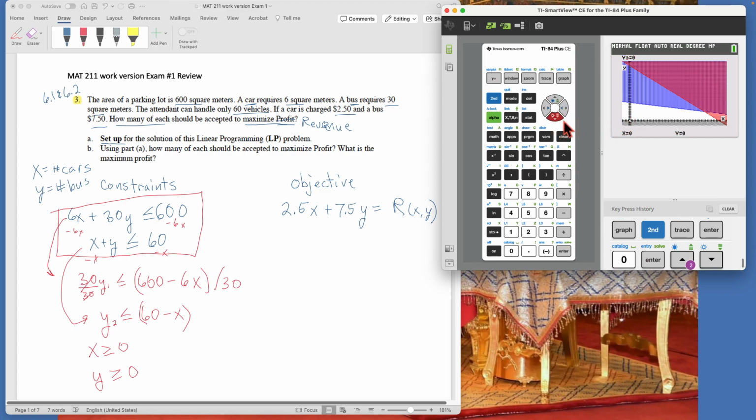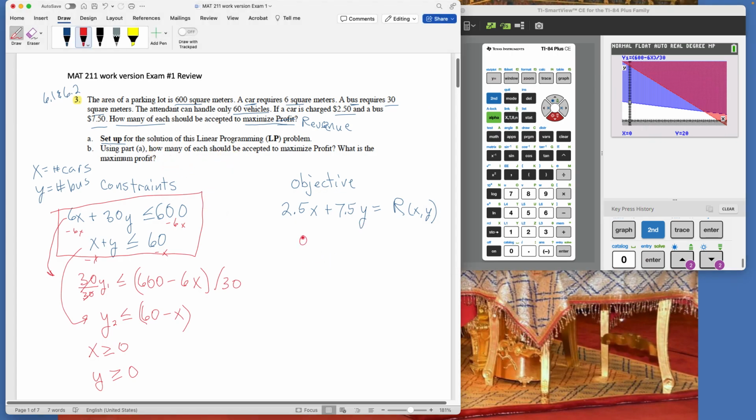The one I want is this one here, so make sure you get it. So 0, 20 is a potential solution. So this is what I'm going to do: I'm going to find those points. One of those points will be it, and then I'm going to plug the point into here to get the output value and see which one is biggest. Okay, so that's that point.